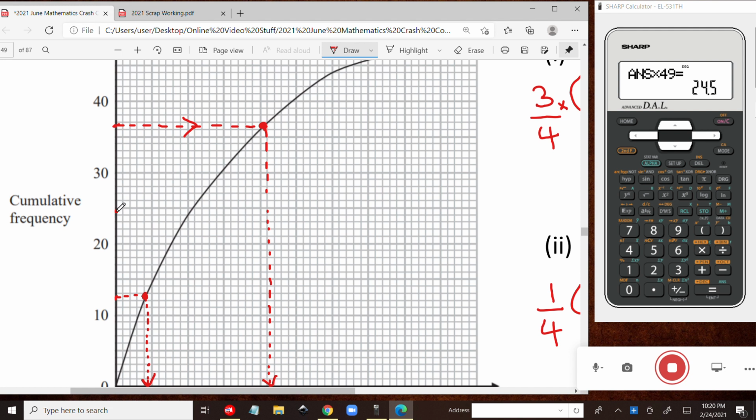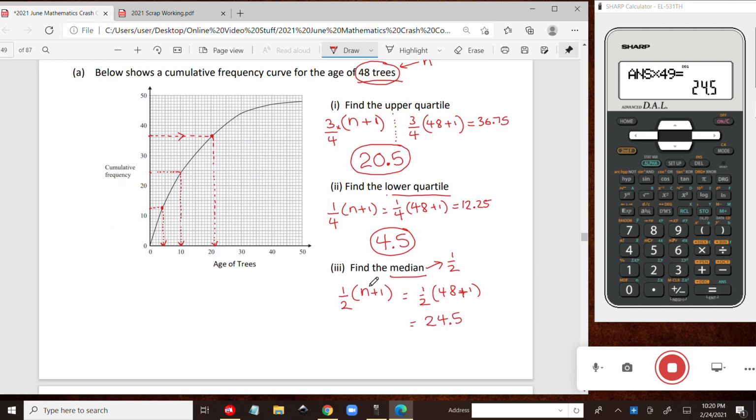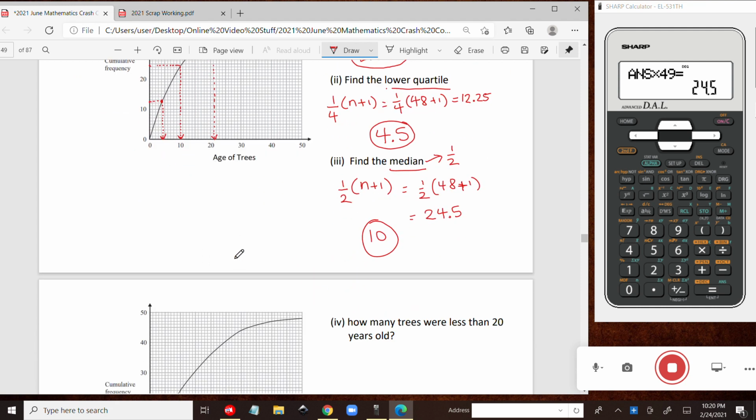So we go across. Wherever it hits the graph, we drop it straight down. So this one looks like it's going to drop straight on 10. So it seems that our median is 10. All right, so that was a brief question on upper, lower, and median quartiles.